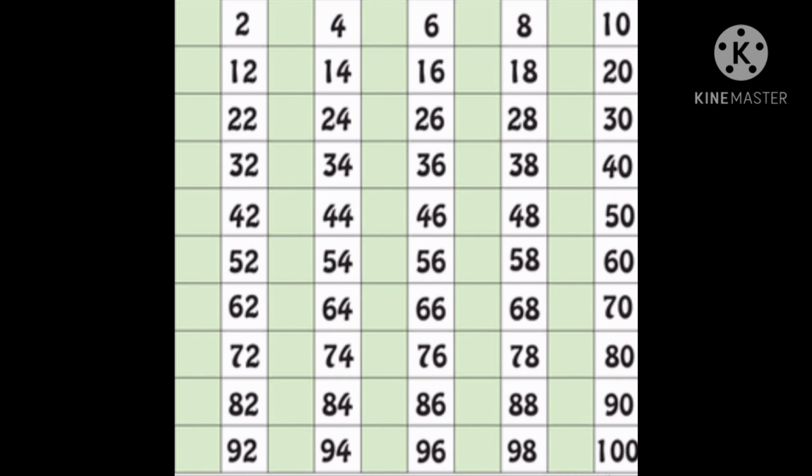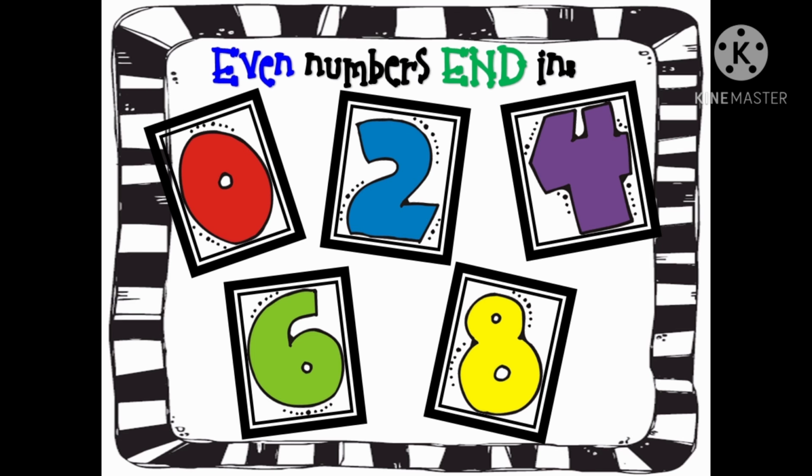Here are numbers from 2 to 100. Let's see at the end of the numbers. In this number chart, all the numbers which are bigger than 10, at the end of the numbers there are 2, 4, 6, 8 and 0, and all these are even numbers because even numbers end with 0, 2, 4, 6, 8.